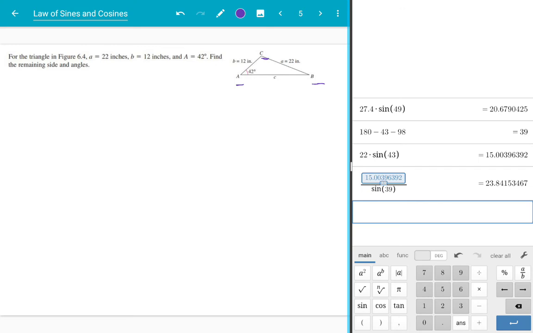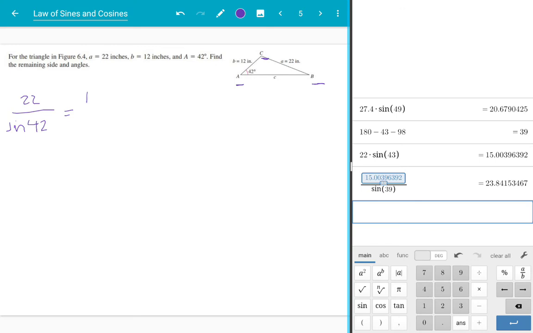Okay, so here we're going to go 22 over the sine of 42, because that is the ratio actually provided to us, is equal to, now it looks like we're going to have to find angle B first.